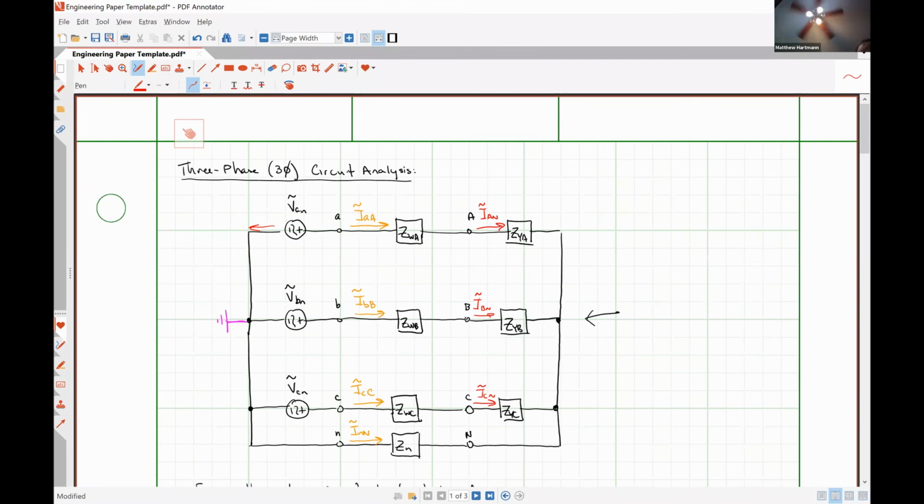phase currents at our source, I lowercase a lowercase n, I lowercase b lowercase n, excuse me, I lowercase c lowercase n. These are just negative of our line currents because they're flowing in the opposite direction, but they're still going to be just as balanced.